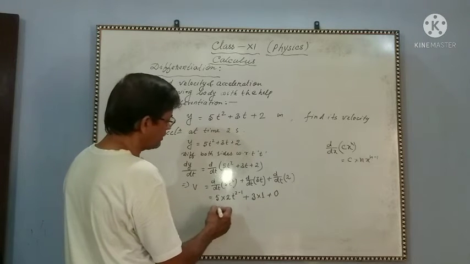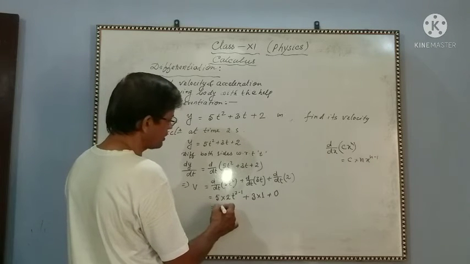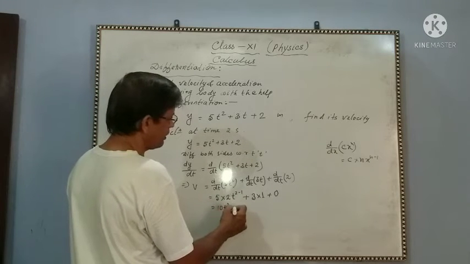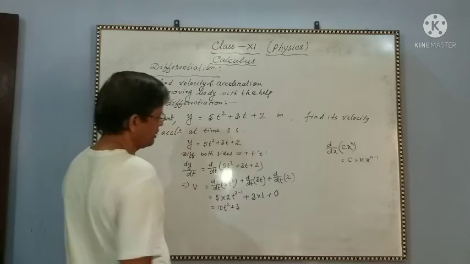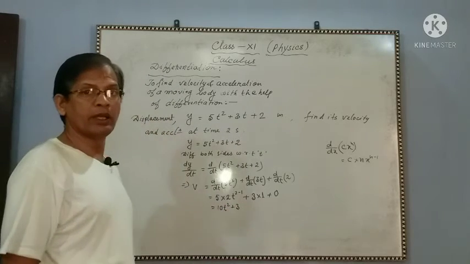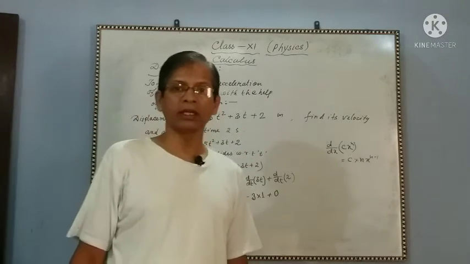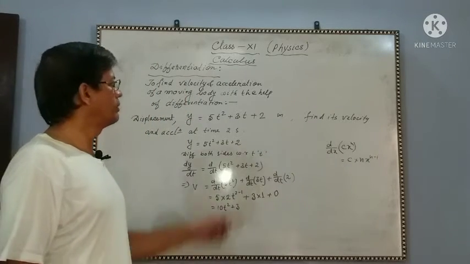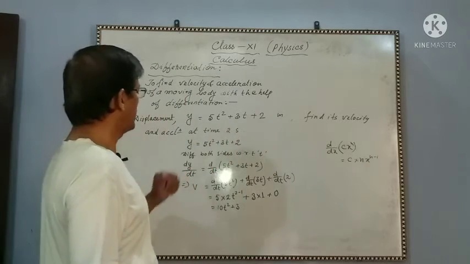So what are we getting? This is 10t plus 3. This is the velocity at any time. Now we have to find the velocity at time 2 seconds.